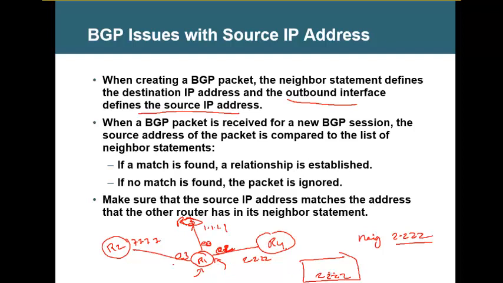If it is 2.2.2.1, then that will become the source address, 2.2.2.1. Always the outbound interface will define the source. The neighbor address defines the destination.